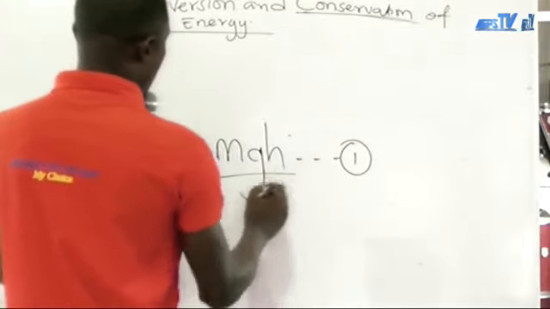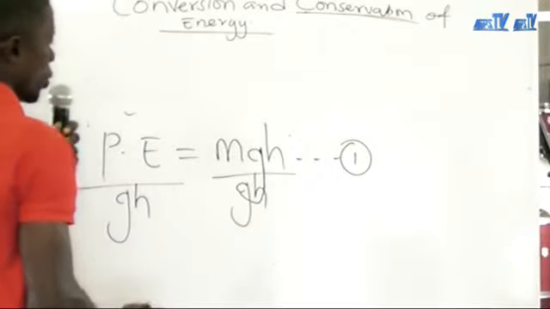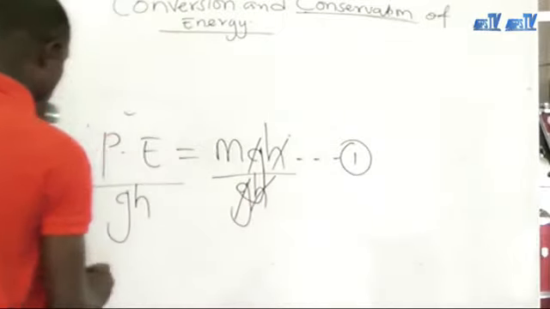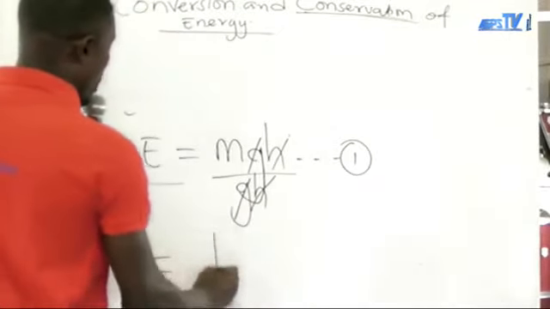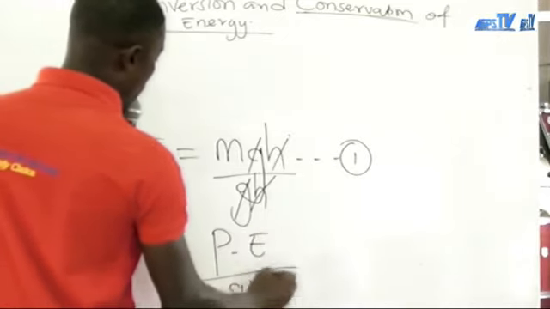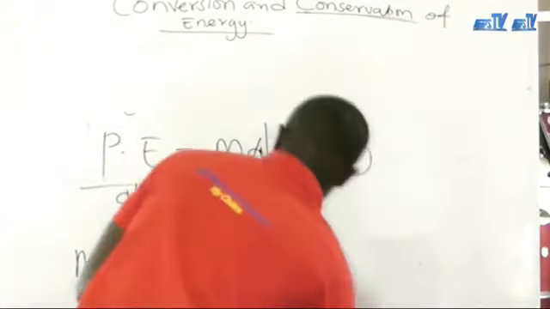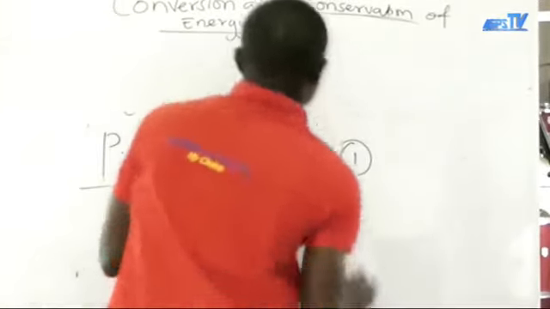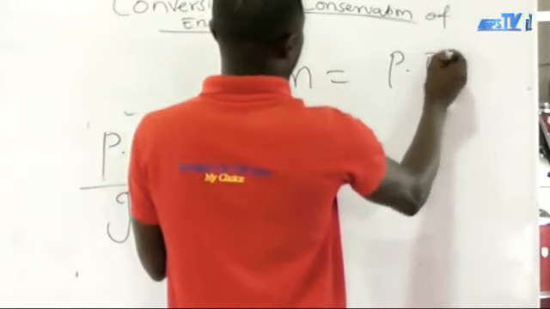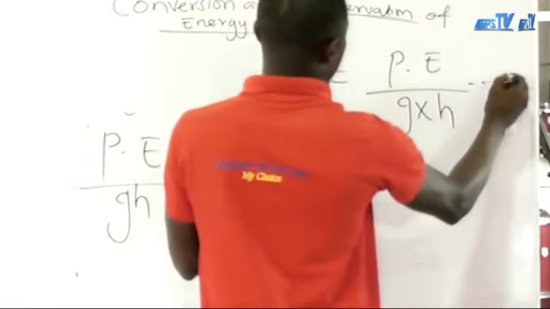So here you divide both sides by gravity times the height, so that this G will cancel this G and this H will cancel this H. So our mass is equal to potential energy out of gravity times the height. So this one is equation 2.